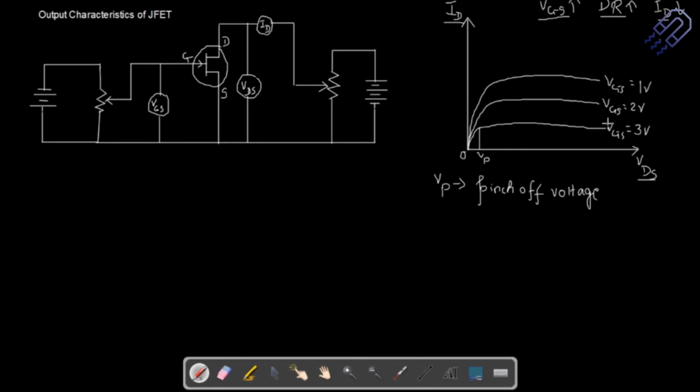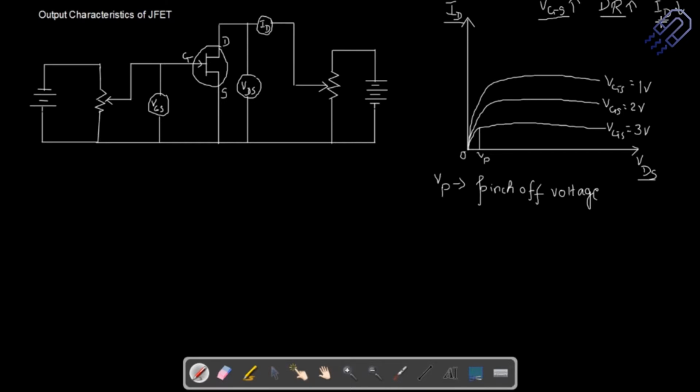Here we actually have the gate source voltage. If we keep on increasing the voltage, the drain current will actually decrease. How? Because from the principle of working, it's reverse bias. As we keep on increasing the voltage, the depletion region increases in width and the drain current reduces.